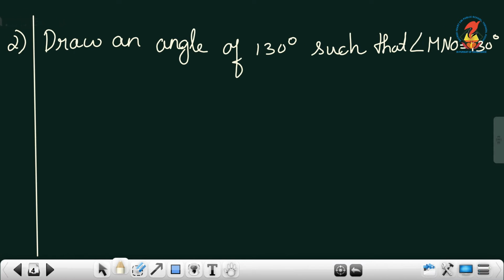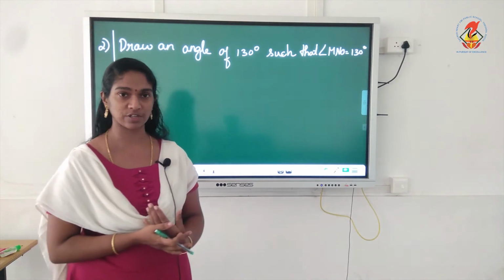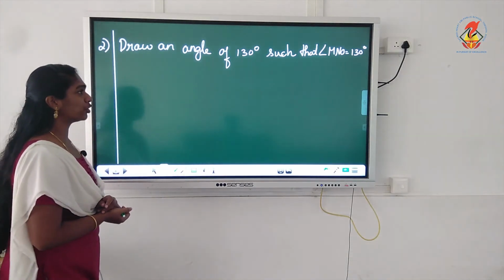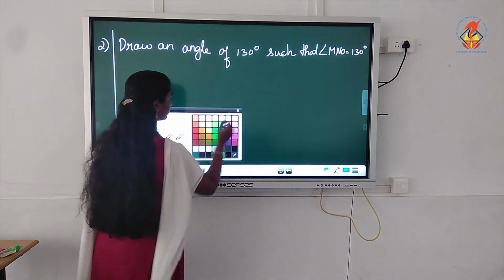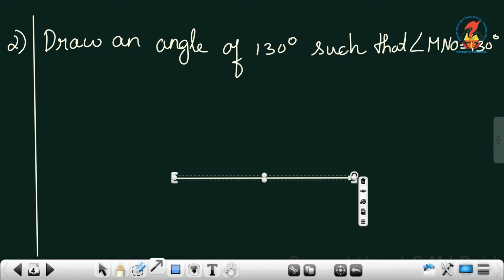Here the letters are given to you, so you have to use that letter itself. So, what I am going to do, first as I told you, you have to draw the baseline. Then you have to arrange your protractor on the vertex.